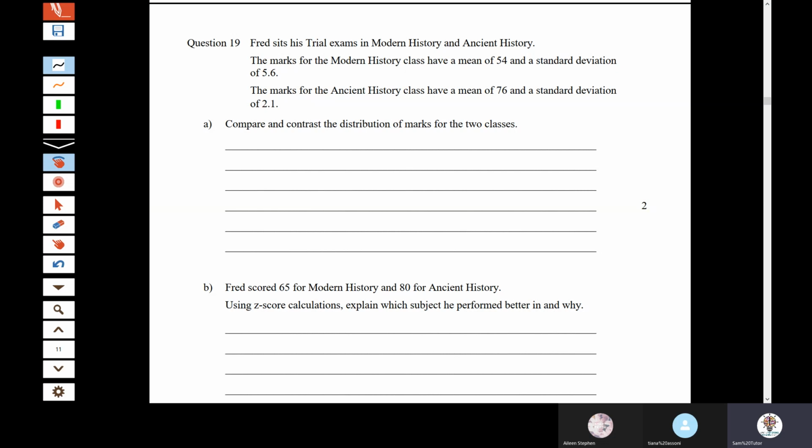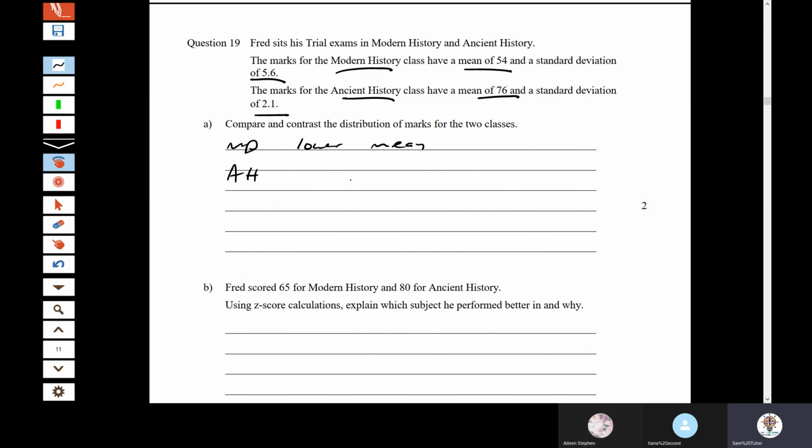Just do it. Fred sits his trial exam in modern history and ancient history. The marks for modern history have a mean and a standard deviation. The marks for ancient history have a mean and a standard deviation of 2.1. Compare and contrast the distribution of marks for the 2 classes. Well, modern history, lower mean.